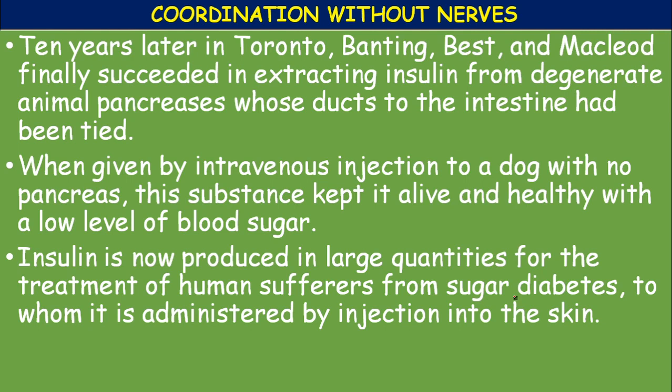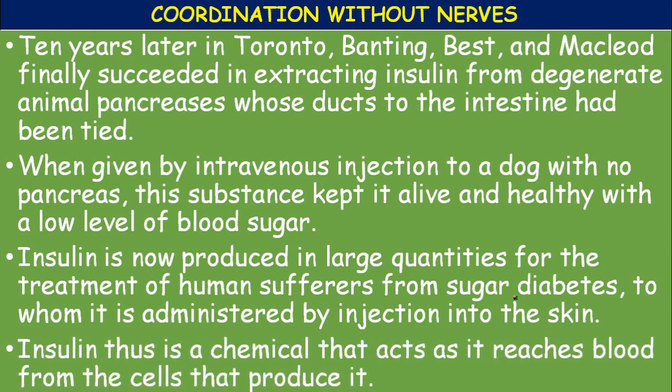So insulin is now produced in large quantities for the treatment of human sufferers from sugar diabetes, to whom it is administered by injection into the skin. So insulin is a chemical that acts when it reaches the blood from the cells that produce it.